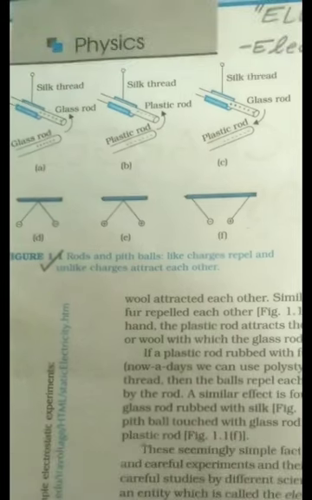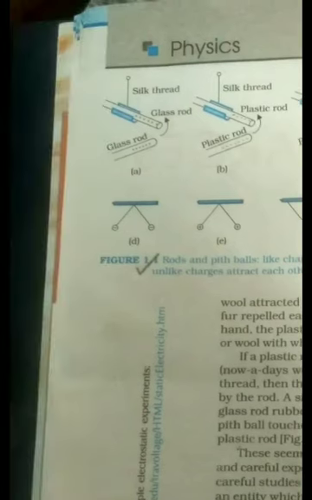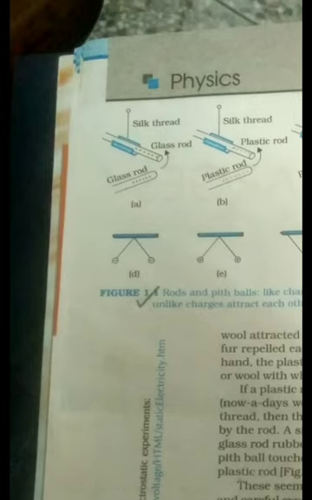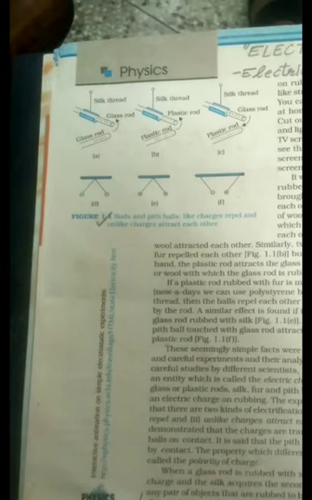To detect the presence of charge on a body, the device used is the gold leaf electroscope. You can see this device in your lab when your schools reopen, and you can see the construction of this gold leaf electroscope.